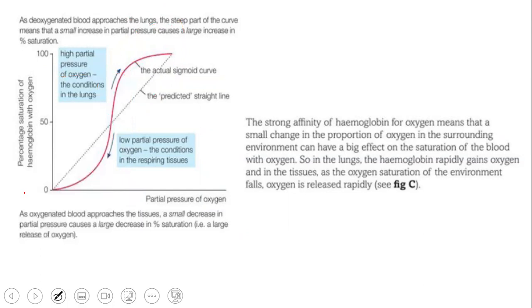Okay, look over here. Let me just show you in the graph as well. In the sigmoid shape, this is the respiring tissue, the lower portion, and this is the increase. Now, if I follow the sigmoid curve, look, the increase is much larger.